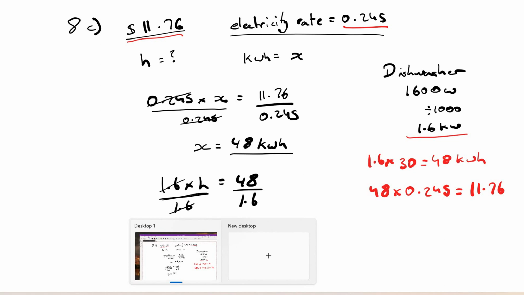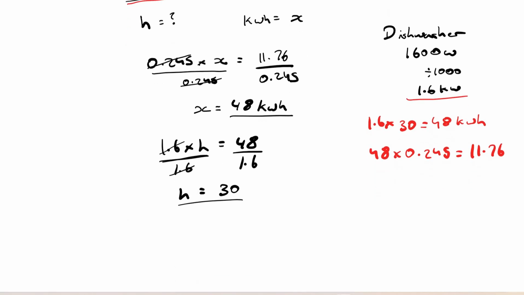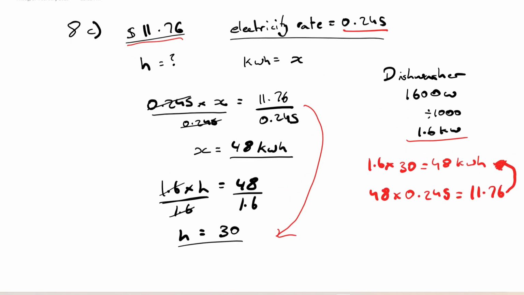So if you can see what we're really doing, right? We are going backwards. So we're starting from here and going this way. Alright, I hope that makes a little bit of sense. So with this question, we just need to do a little bit of algebra.